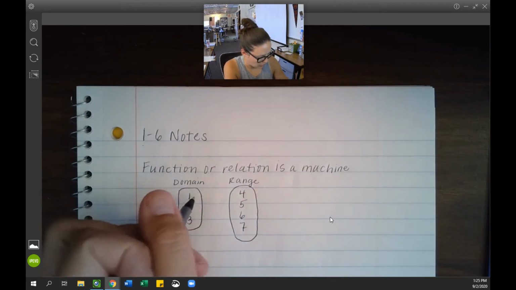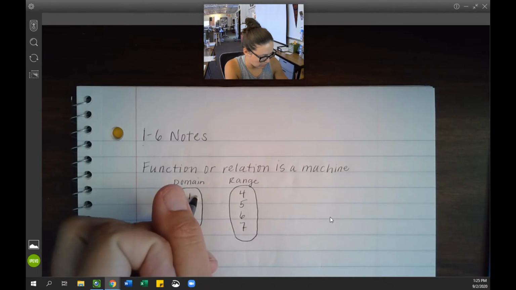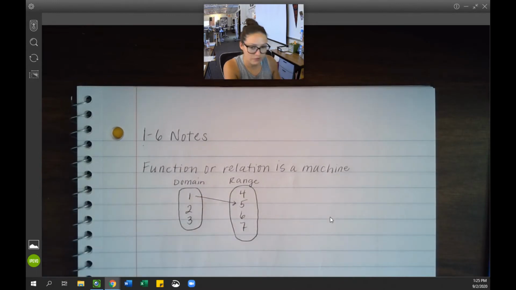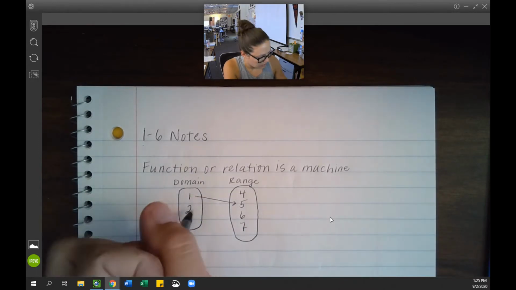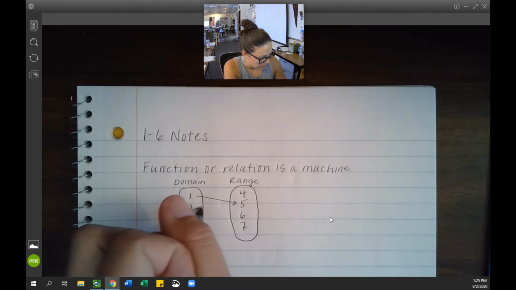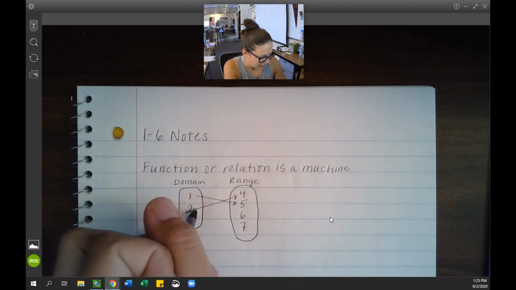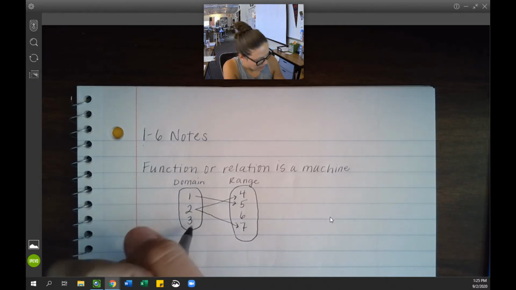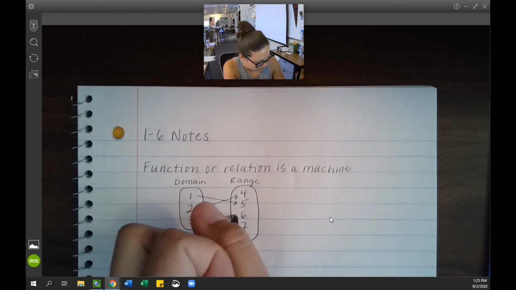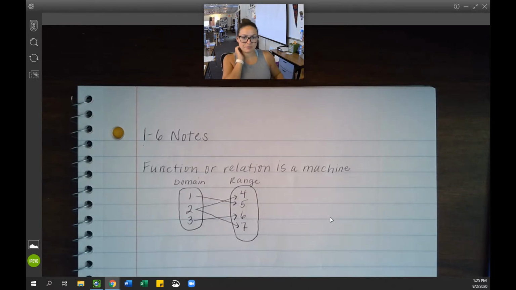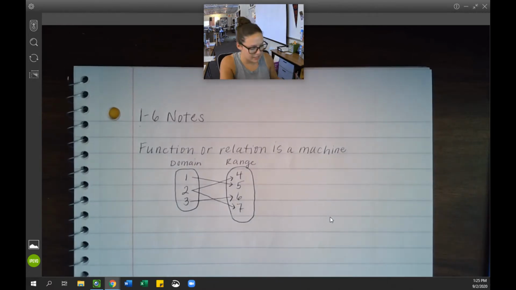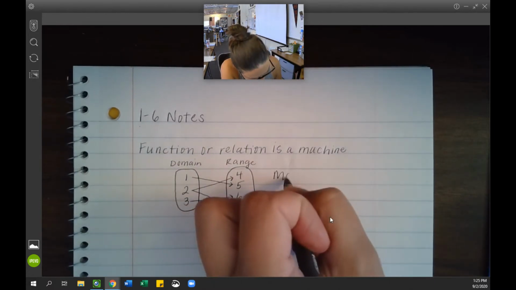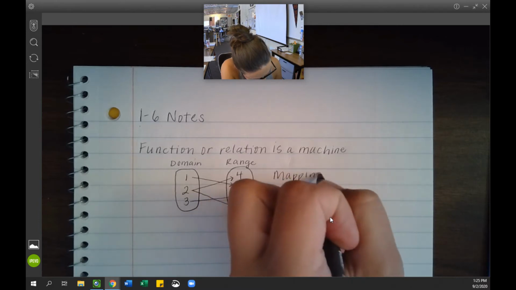All right, now I want you to draw an arrow from 1 to 5, and an arrow from 2 to 4, and another one from 2 to 7, and then an arrow from 3 to 6. Now this is an example of a mapping diagram.